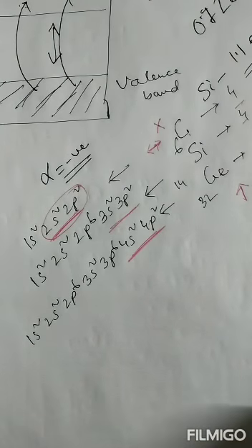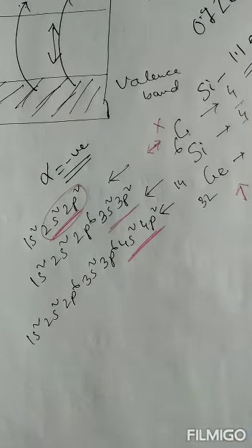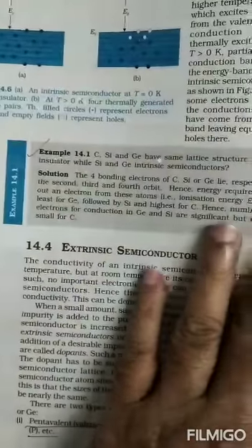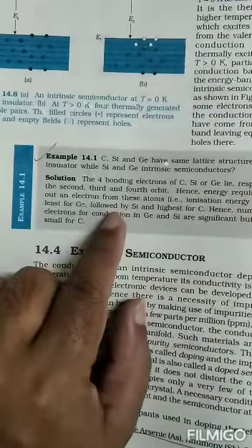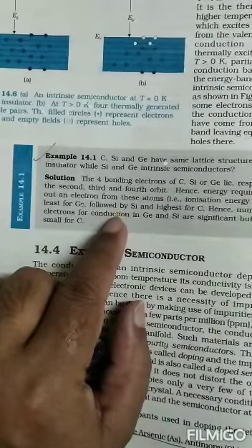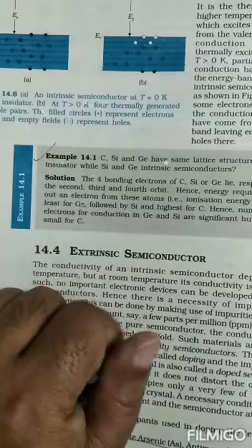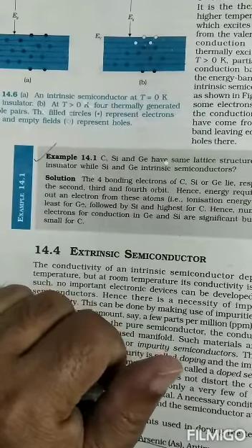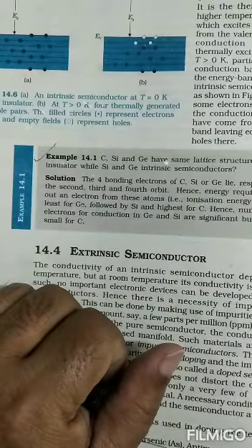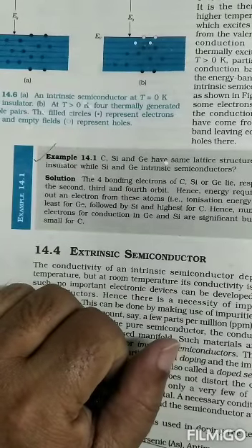If you go to page number 474 of your NCERT textbook, there is a question. This question may come this time. Carbon, silicon, germanium have the same lattice structure, but carbon is an insulator, while silicon and germanium are semiconductors. Explain.